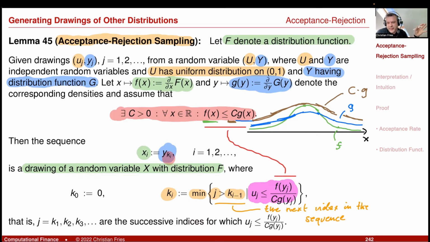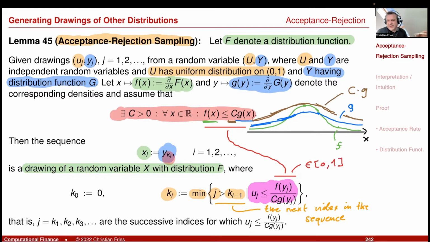Densities are positive, so this ratio is larger or equal 0. The density of f could be 0. But this condition implies that this ratio is also less or equal 1.